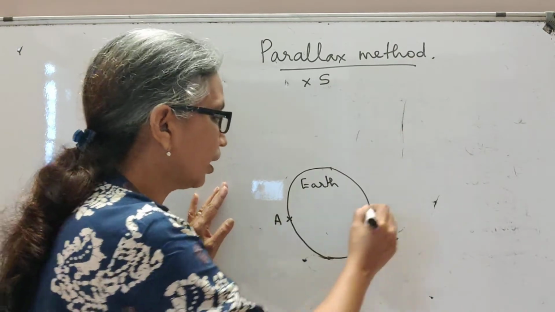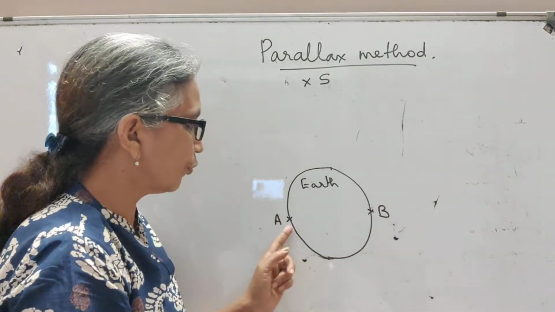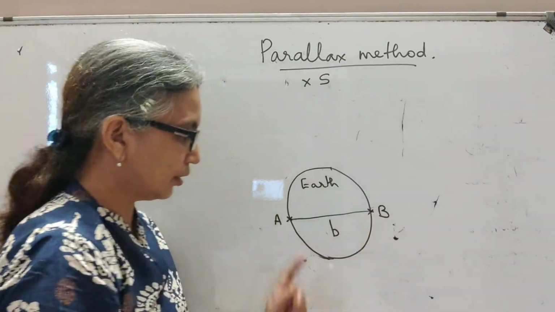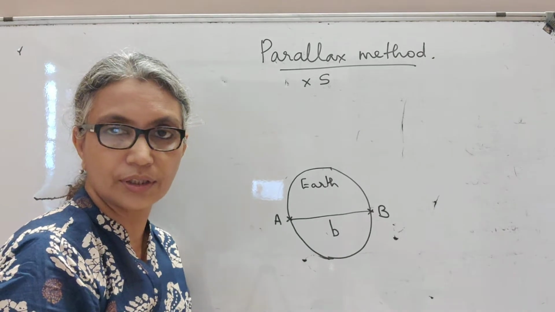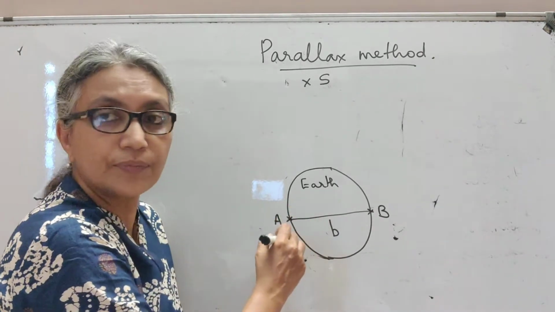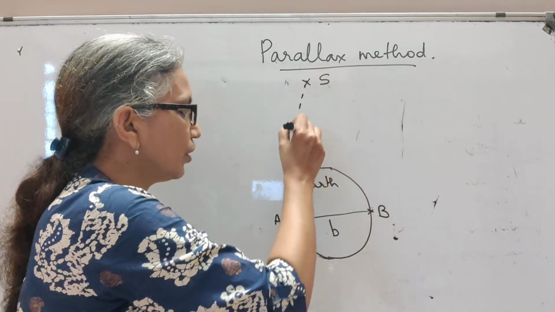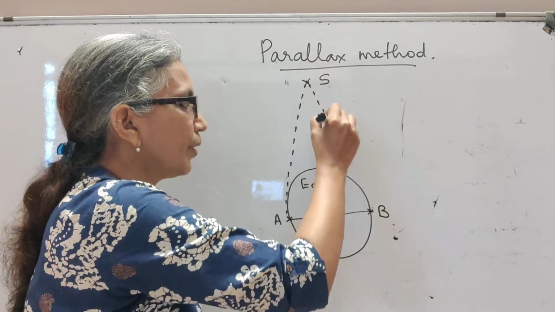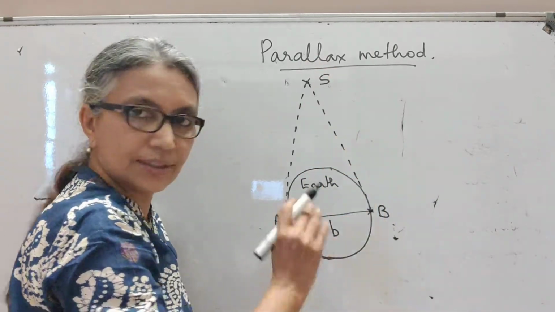I have point A and point B. So from two diametrically opposite points, let's say the distance between the 2 points here on the Earth is b. From here, there is an observatory. From this observatory, I am going to view the star. I am going to view the same star from another observatory at B at the same time.